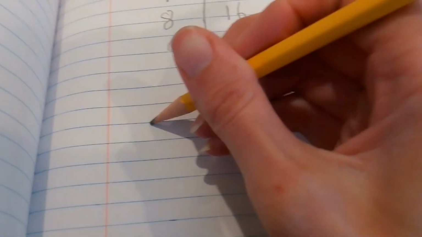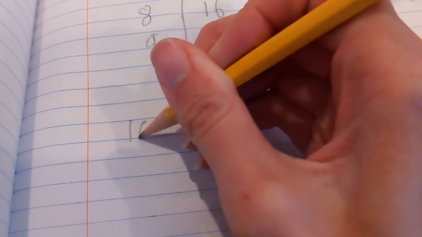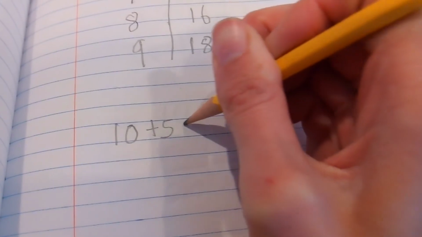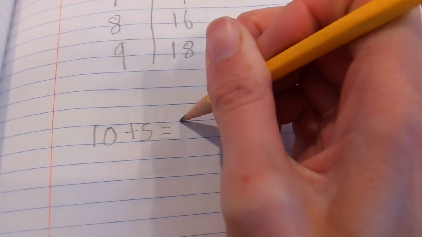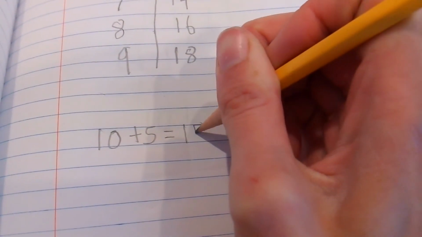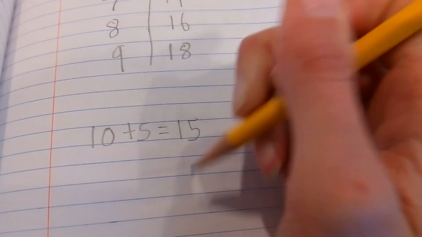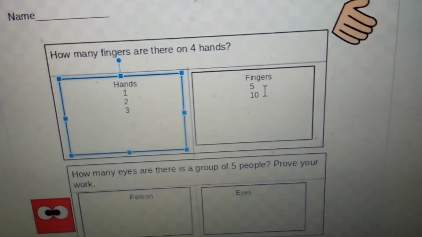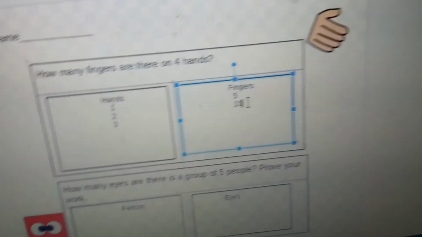So I can go on over to my worksheet here, and I know that 10 plus 5 equals 15. Because of that, we're going to go here, and I can do 15.